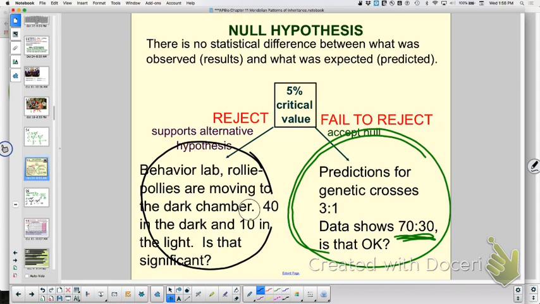This is my data. This is my data right here. Can I support my null hypothesis or not? And please calculate your chi-square value. Can I support my hypothesis or not?